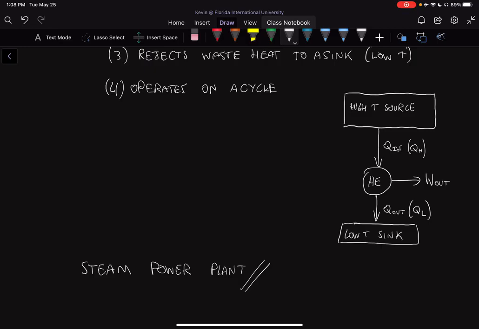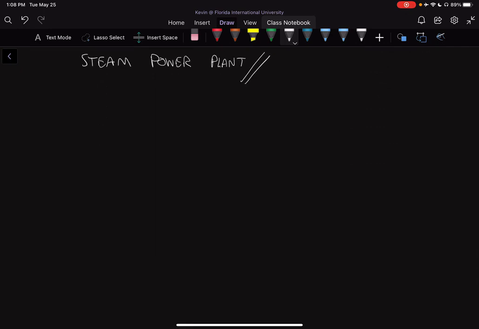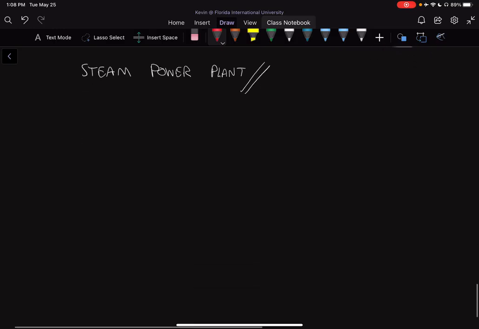So how does the steam power plant work? I'm going to draw a diagram here that has 4 different parts to it. If we take our heat engine and zoom in to this part of the heat engine, we can actually draw our power plant as a replacement for that bubble that says HE or heat engine. Okay, so I'm going to draw the same boundary, but much bigger now, and we're going to draw the system within that boundary.